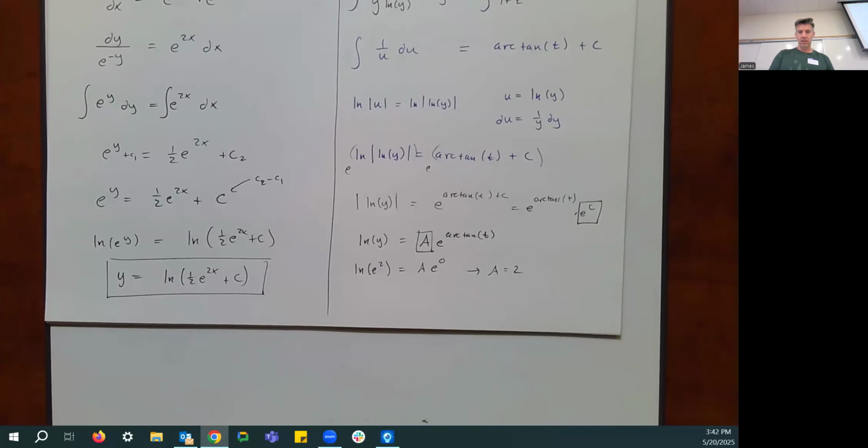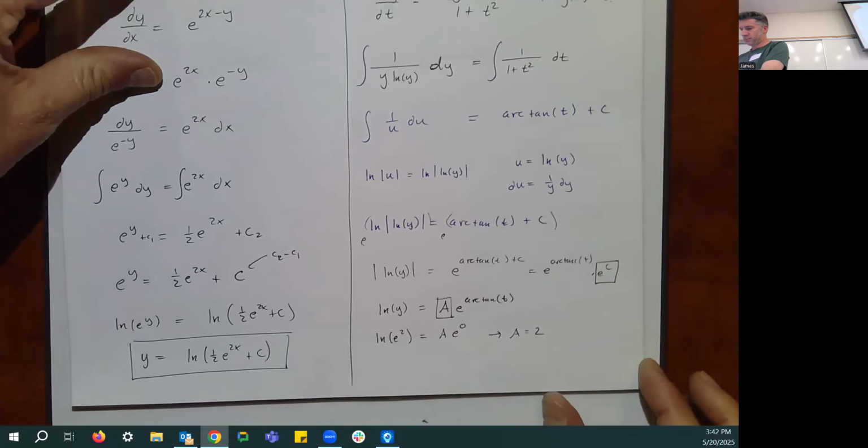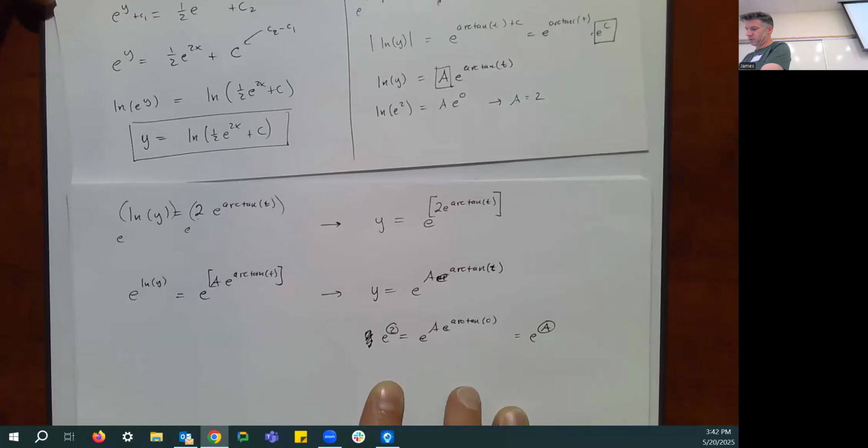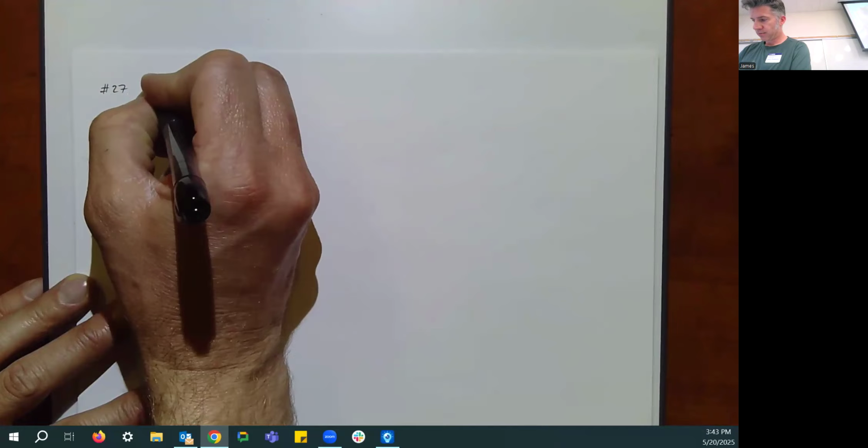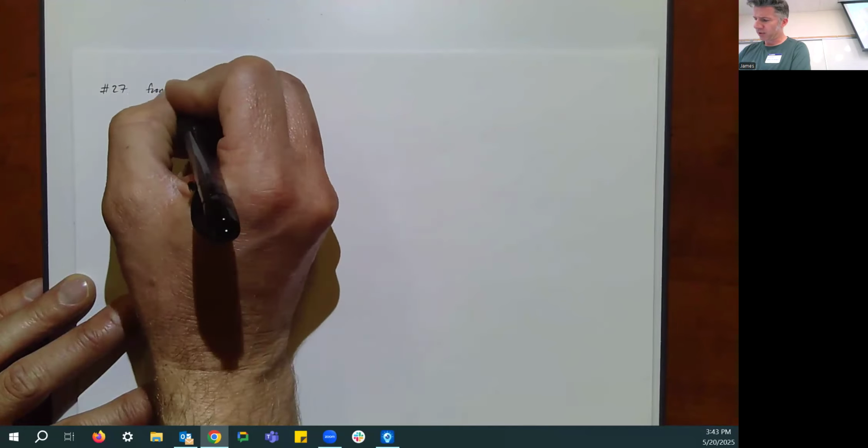So here's an example from the textbook. This is number 27 from section 7.2.